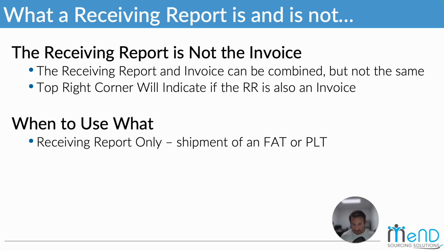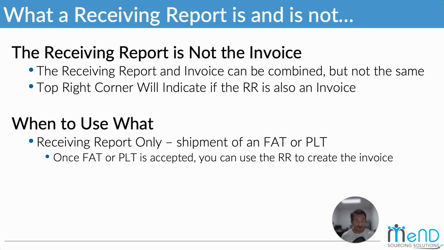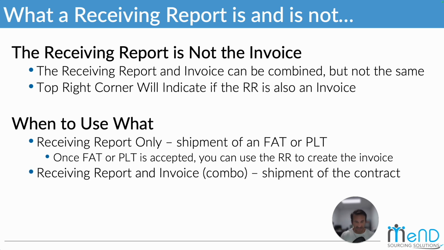So anytime you ship something out to the government, create that receiving report. But with an FAT or a PLT, you cannot invoice them for that FAT or PLT until they have approved that item. So in this case, all you're going to be doing is creating a receiving report. Once the FAT or the PLT is accepted, that is when you can go into the receiving report, and from that create the invoice.